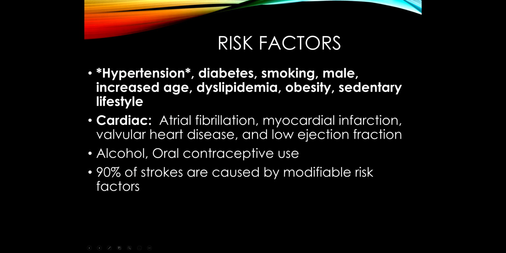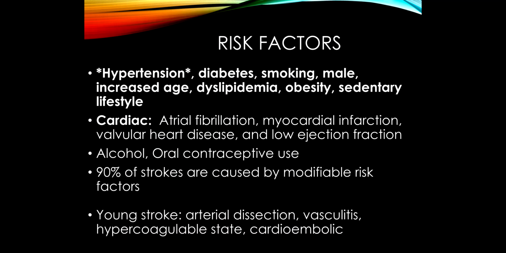So alcohol, there are some different things about alcohol, but an extreme excessive use of alcohol can be a risk factor. And remember, oral contraceptives, especially in women that have classic migraines, is a risk factor for stroke. So overall, at least 90% or more are caused by modifiable stroke risk factors.